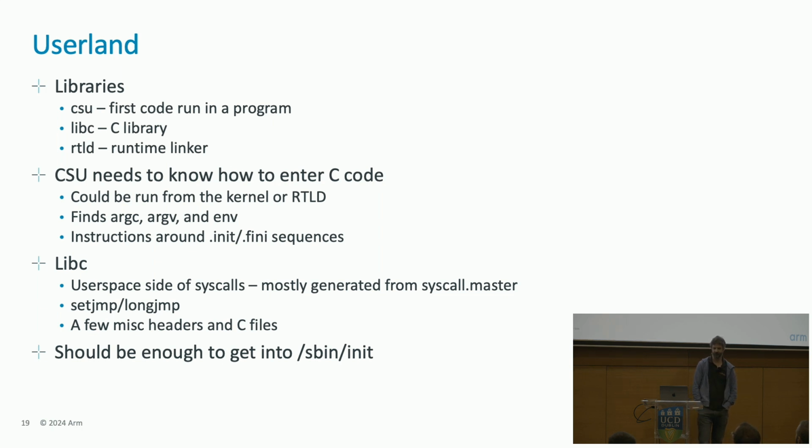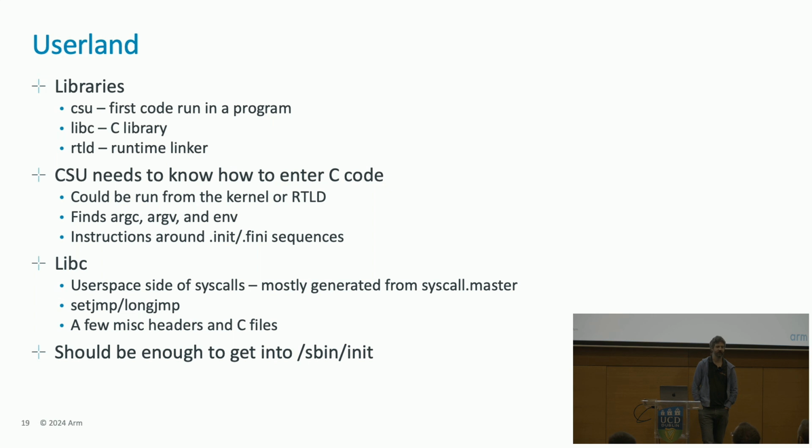CSU is the first code run. It's directly loaded from the kernel if it's a static binary, or via RTLD, the runtime linker, if it's dynamic. It loads argv and argc. They're not just magically put in by the kernel. They're stored on the stack, and then you have to find them.